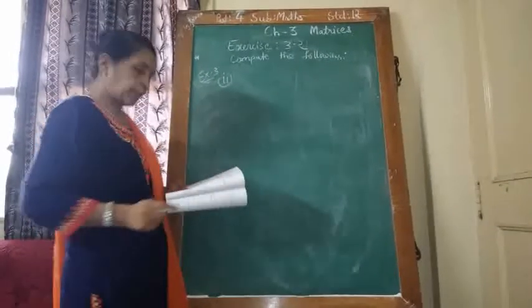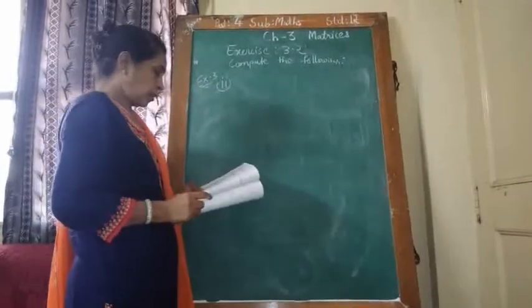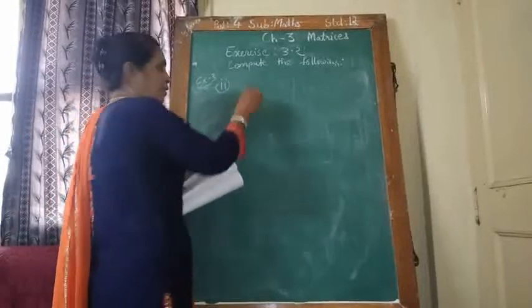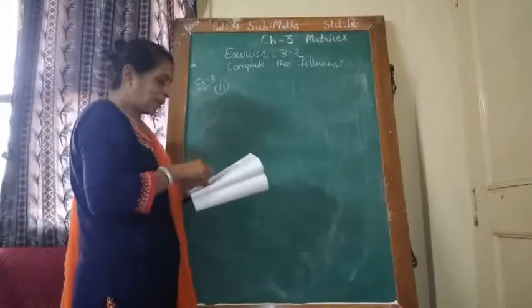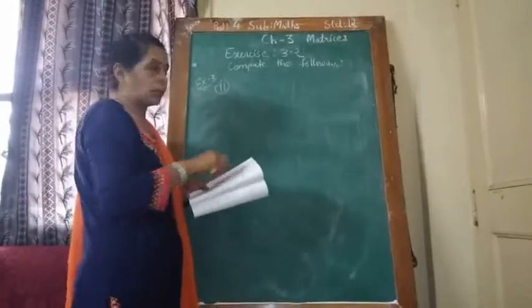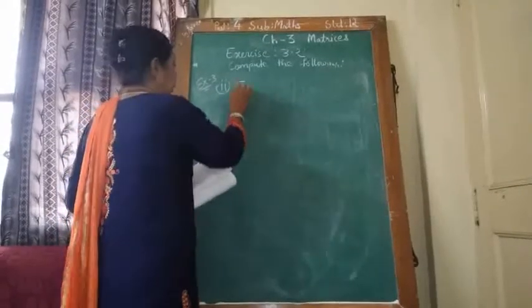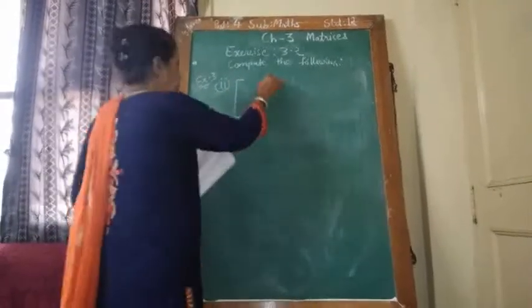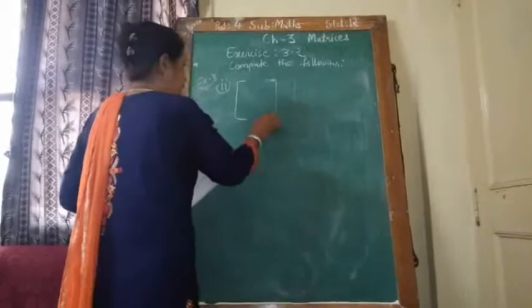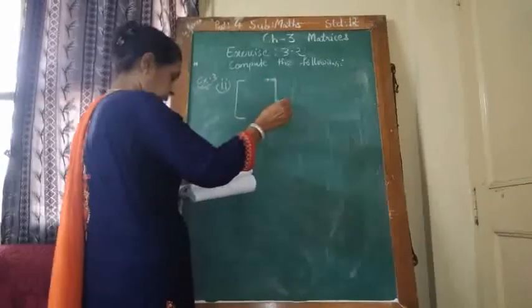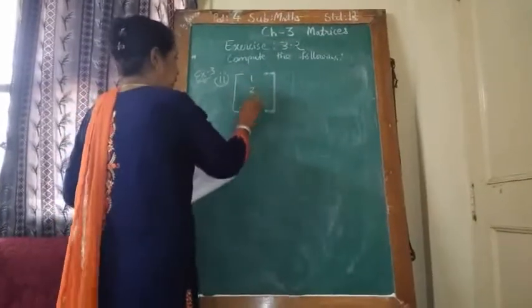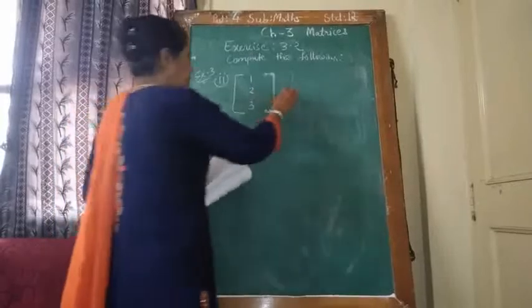Example 3, second one. Okay. By mistake I have written third sum of example 2. So the second sum of example 3 is what? Here I leave that sum, and now I write the second one. 1 2 3, 2 3 4.